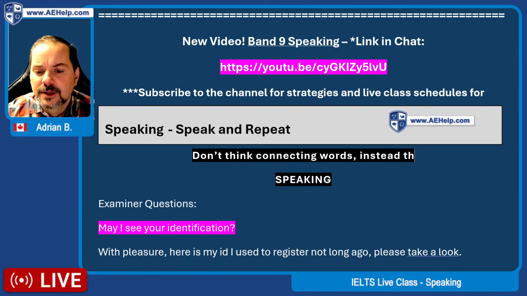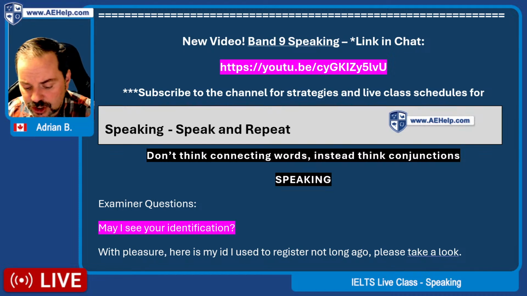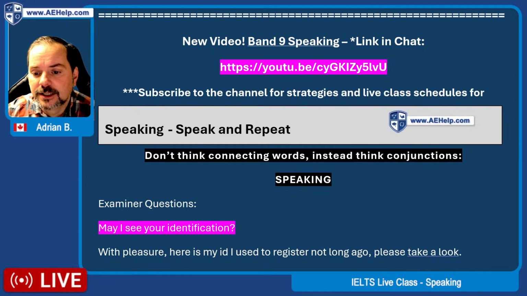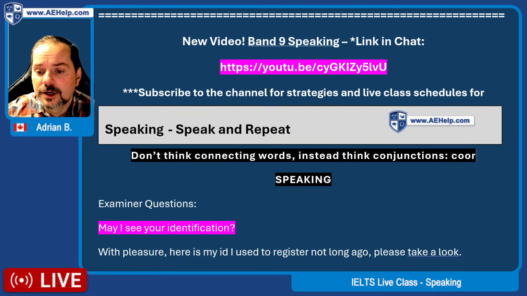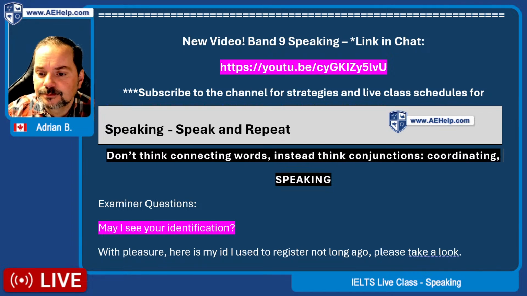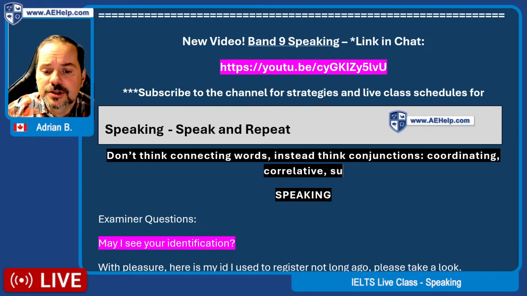Instead, think conjunctions. Conjunctions is the correct term for connecting words in grammar. You need to learn them. There are 3 families of these conjunctions. One is what's called coordinating. One is called correlative, and the other is called subordinating or subordinate conjunctions.